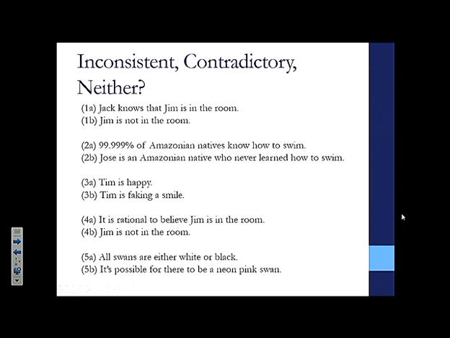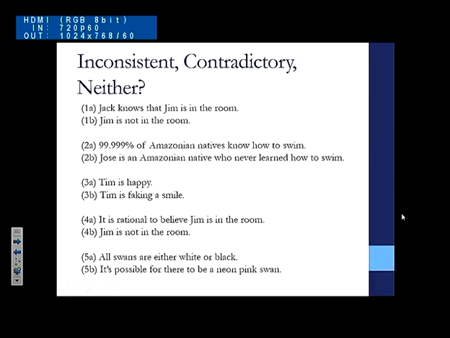All right, good. We've talked about this assumption prior in previous lectures. To have knowledge is to know something that is true. So if Jack knows Jim is in the room, then Jim's in the room. And that's the contradictory of 1B. So what we have here is not a contradiction, but a pair of inconsistent statements.